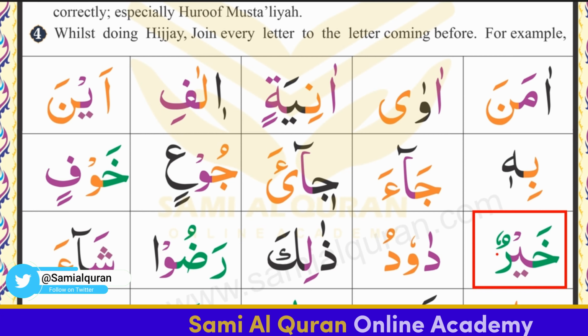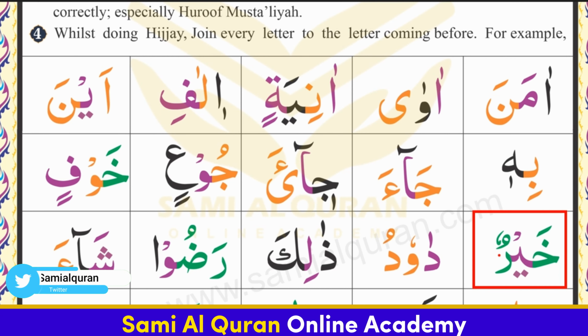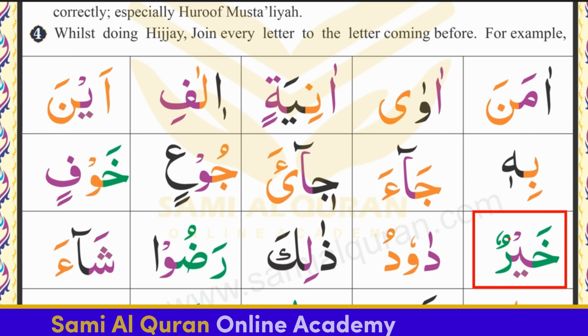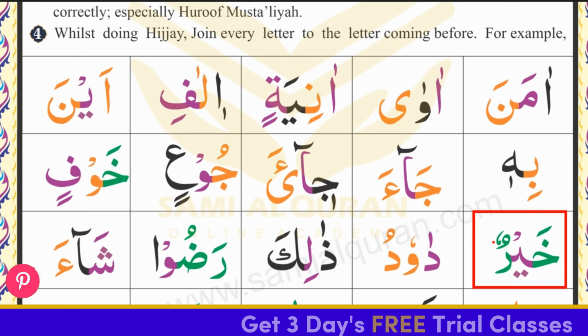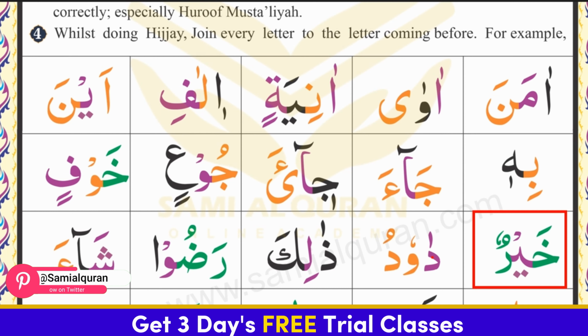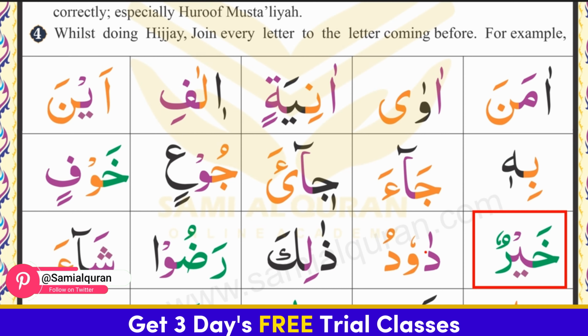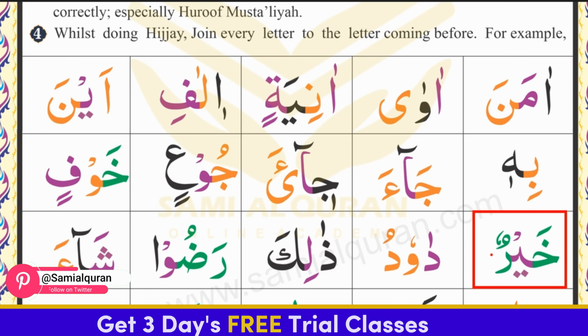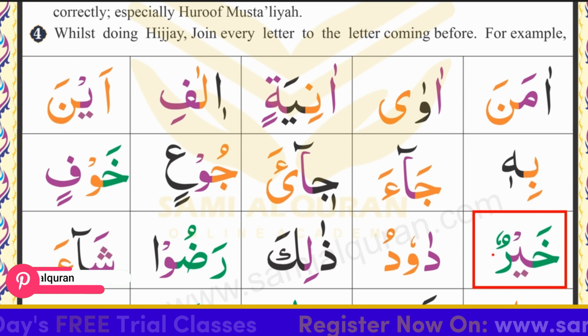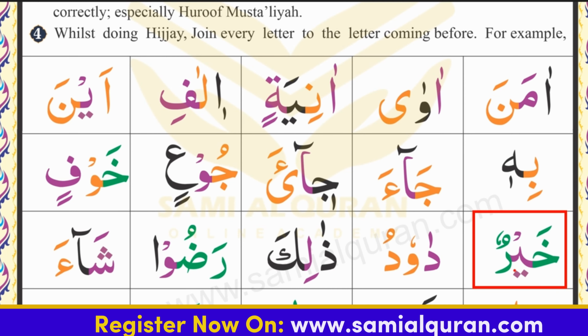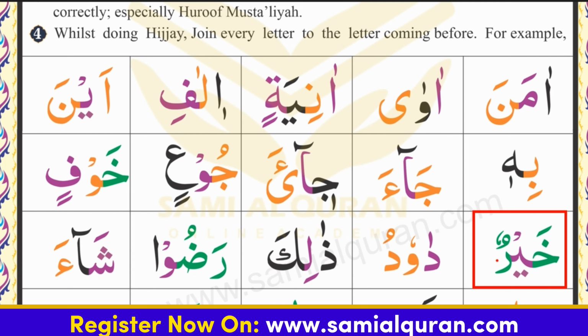Ra double dhammarun. Khayrun. And this tanween we read with gunna because after tanween coming dal which is not halqi letter. So that's why we read 2 seconds longer from nose. Khayrun. Waqfan. Khayr.